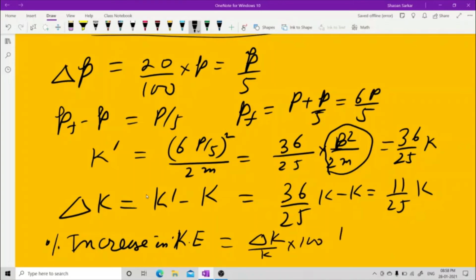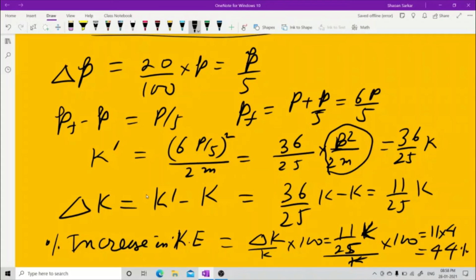Delta k is 11 by 25 k, by k, into 100. This k and this k cancel out. You get 11 into 4, and this is 44%. This is the amount of increment. This was a good question.